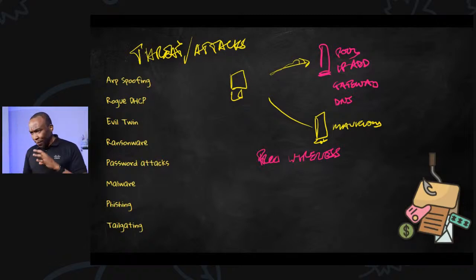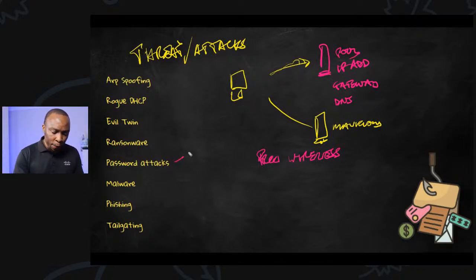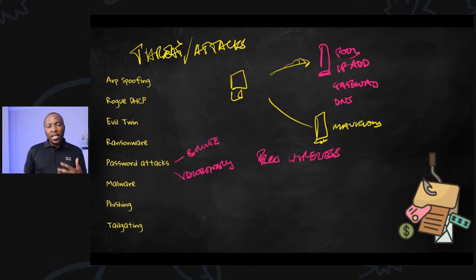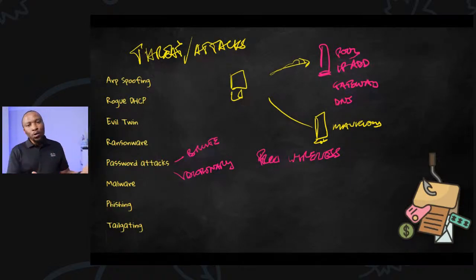And the next set of attacks is password attacks. And there are two types of password attacks. There is something known as brute force, and there's something known as a dictionary attack. So with brute force, someone is basically trying as many passwords as they can, trying to brute force into your credentials and hopefully be able to what?